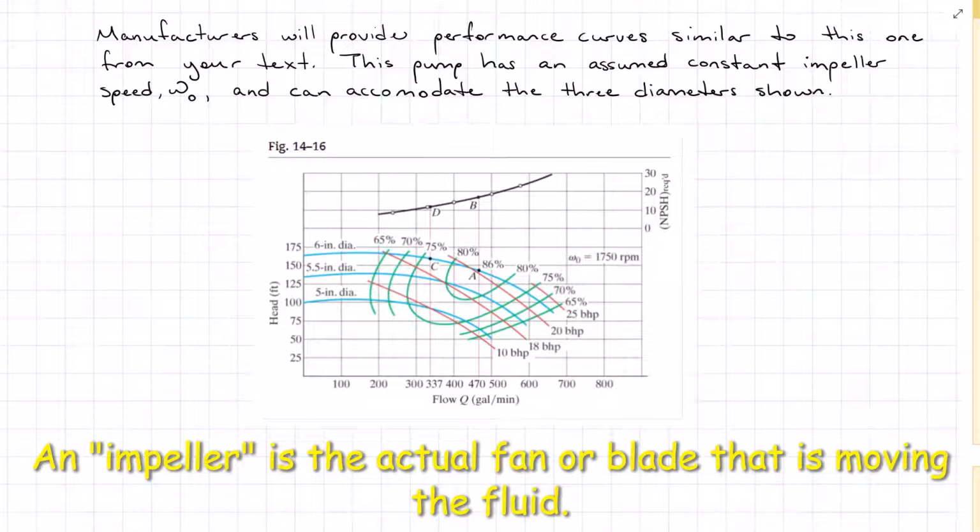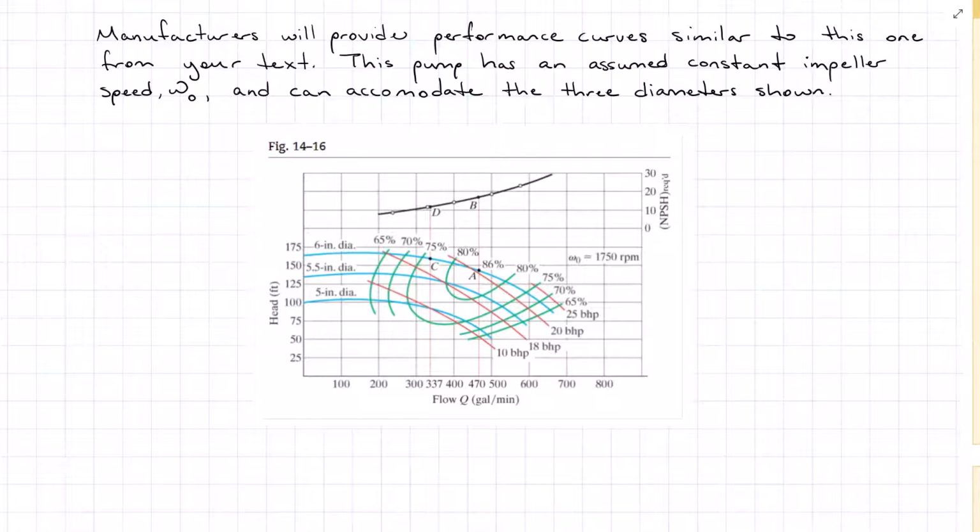Okay, so let's say, for example, we have a 6-inch diameter impeller, and it's going to be most efficient over here at 86%. So that's where it crosses because we've got this circular pattern for our efficiency. So coming down here, that's a flow rate of around 470.